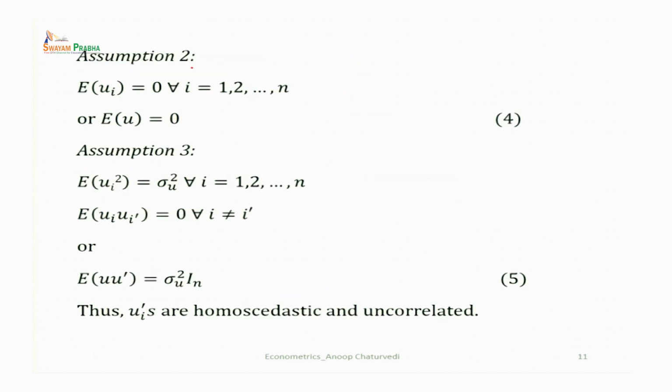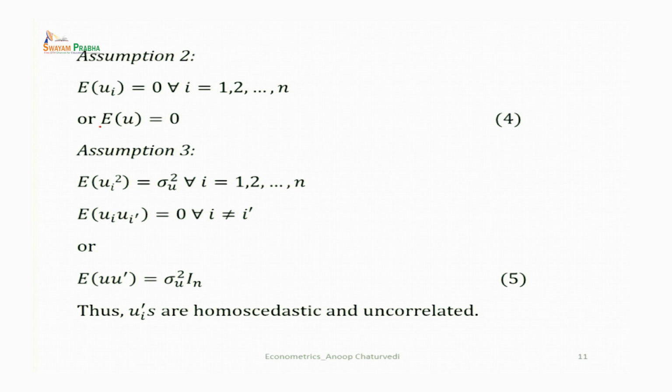Then the second assumption is expected value of ui is equal to 0 for all i equal to 1 to n. Again, sometimes your error is positive, sometimes it is negative, but on average we assume that its expected value is 0.